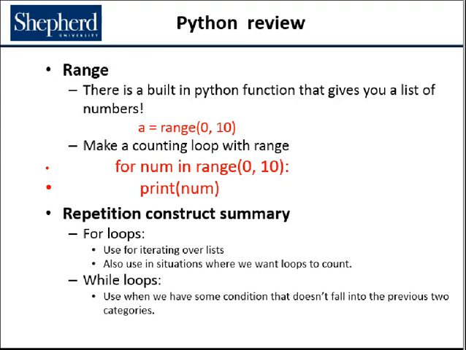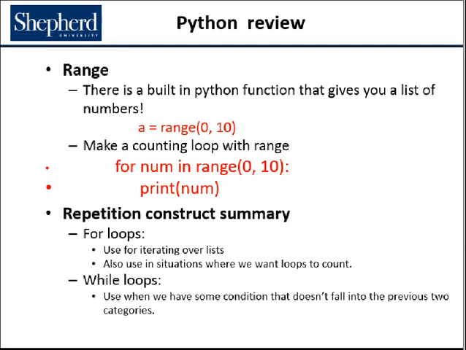There's a built-in function that'll give you a list of numbers called range. And so you can make a counting loop with a range, and you start with the first element and then you go up to, but not including, the last element.